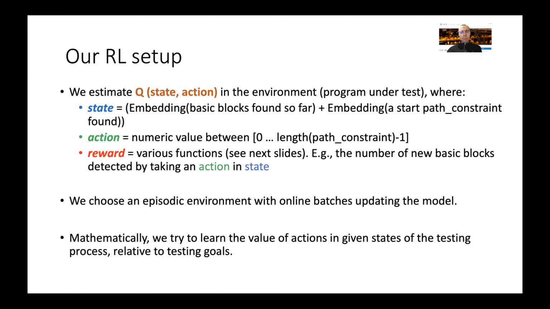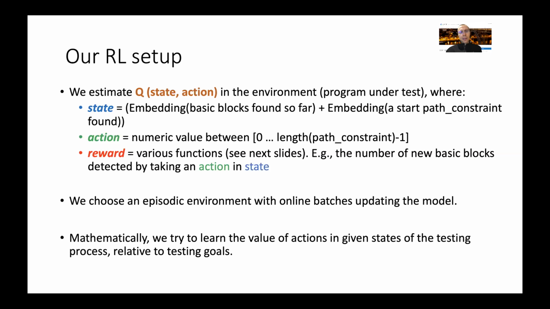So in more depth, the state is a concatenation of embeddings for the set of basic blocks found so far, and the path constraint that you evaluate currently. The action is a numeric index between 0 and the length of the path constraint. Basically, you have to modify one of those branches to obtain a new input.